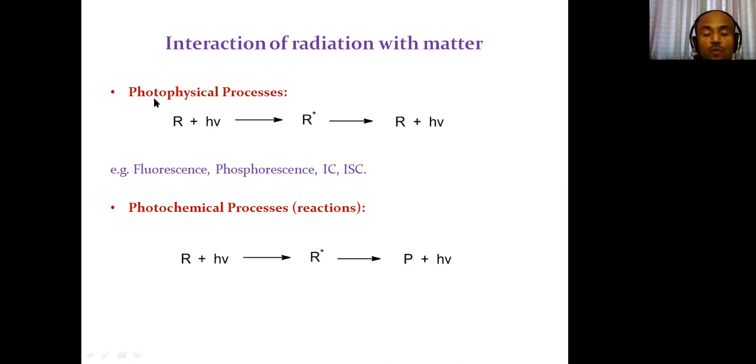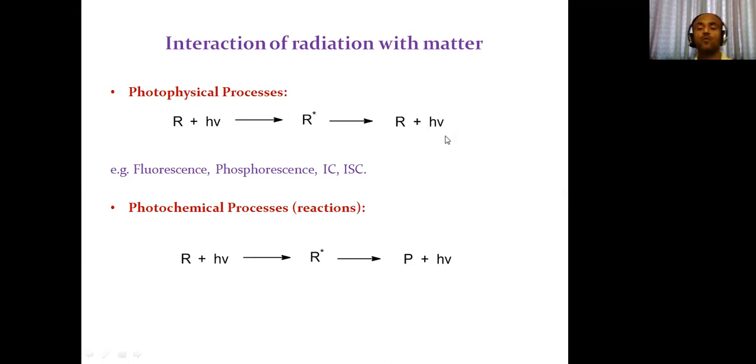In photophysical process, there is only physical change, no chemical transformation is observed. Suppose R is a reactant. After absorbing a light radiation indicated by h nu, it gets converted into excited state denoted by R star. From this excited state, it comes to ground state by emitting the light that is absorbed initially.